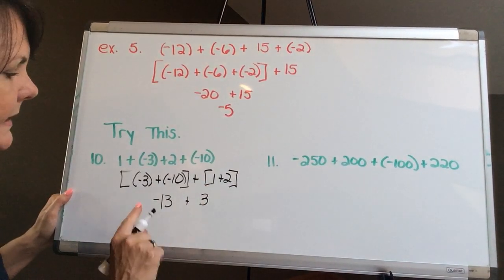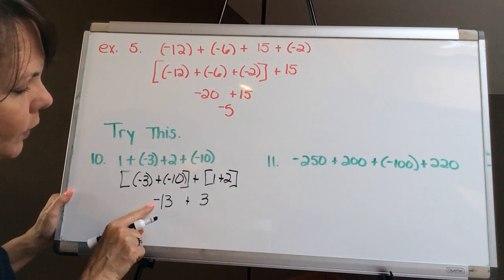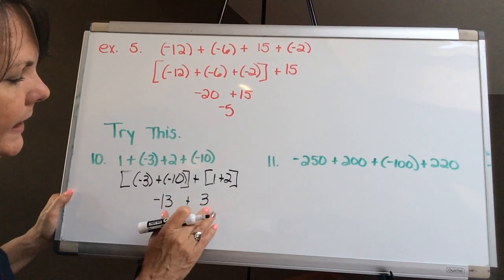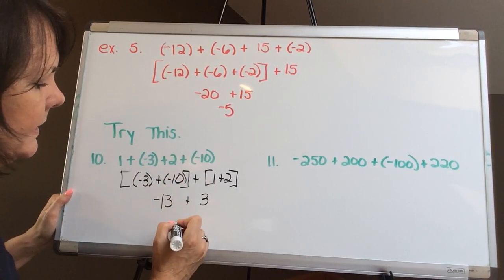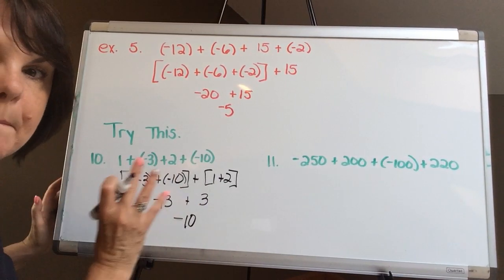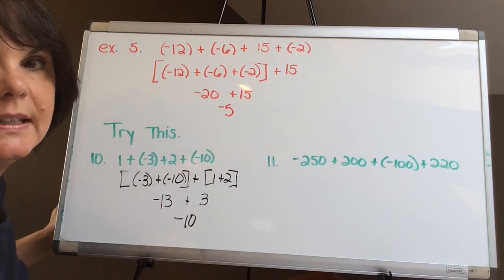And now we're going to see that we'll subtract once. This is red, this is yellow. We subtract 13 units to the left, 3 to the right. We have that cancellation of distance. This is going to leave me at a negative 10. So I only subtract once.